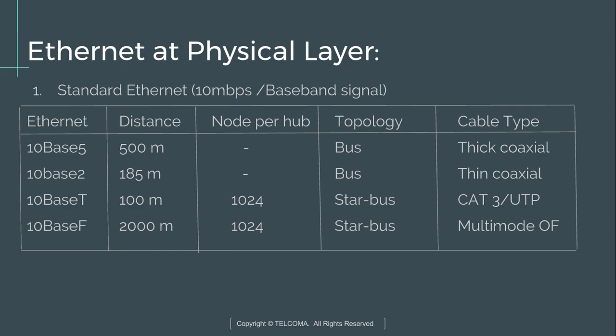The next is 10 base T. The distance traveled by signals using 10 base T cable is 100 meters, and it can connect 1024 nodes to the hub. The topology used by 10 base T is hybrid star bus topology, and Cat3 (category 3) or UTP cable is used by 10 base T. The next is 10 base F. It transmits signals over a distance of 2000 meters, and 1024 nodes can be connected to the hub.